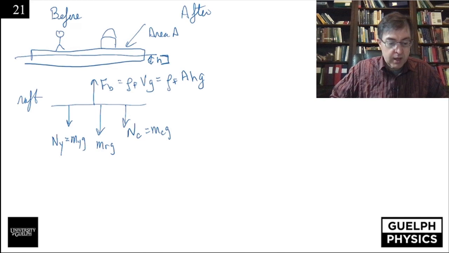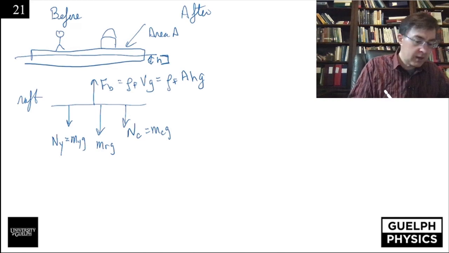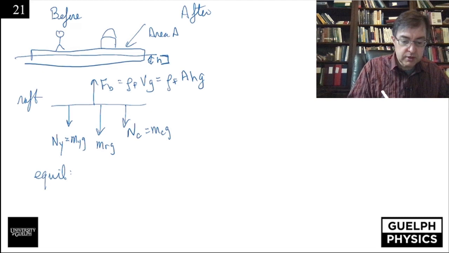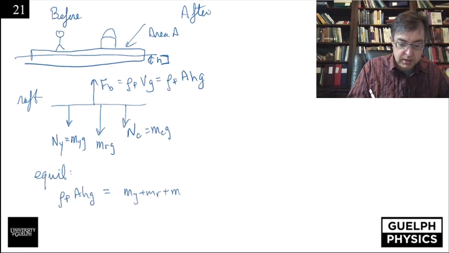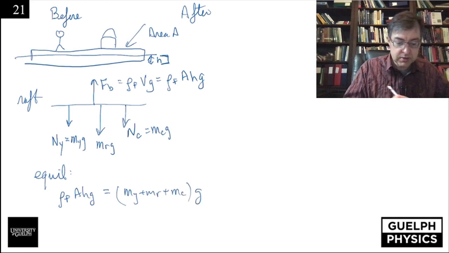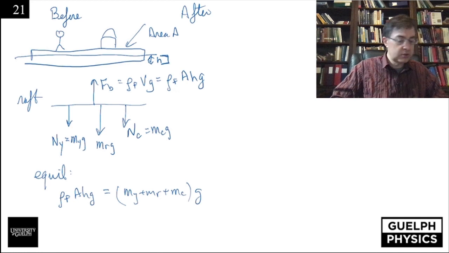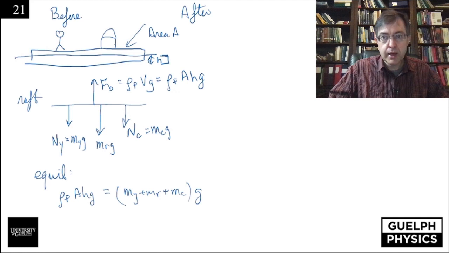And so equilibrium corresponds to balancing these forces, so I have rho F A h G is equal to (M_Y plus M_R plus M_C) all times G. Okay, so that's equilibrium. That allows me to determine the height.